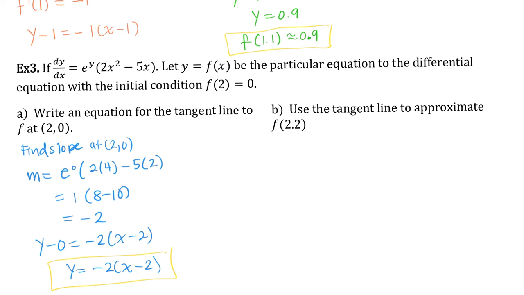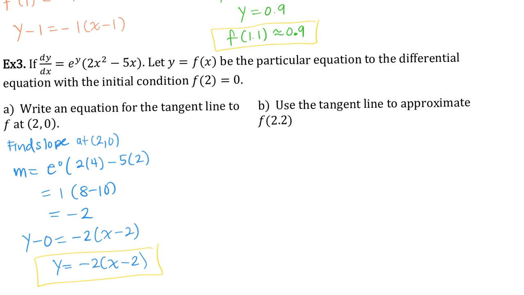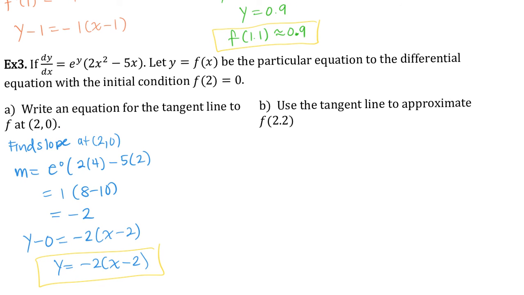Okay, now let me use my equation to approximate f of 2.2. So at x equals 2.2, I will plug in y equals negative 2 times 2.2 minus 2, which is negative 2 times 0.2, negative 0.4.